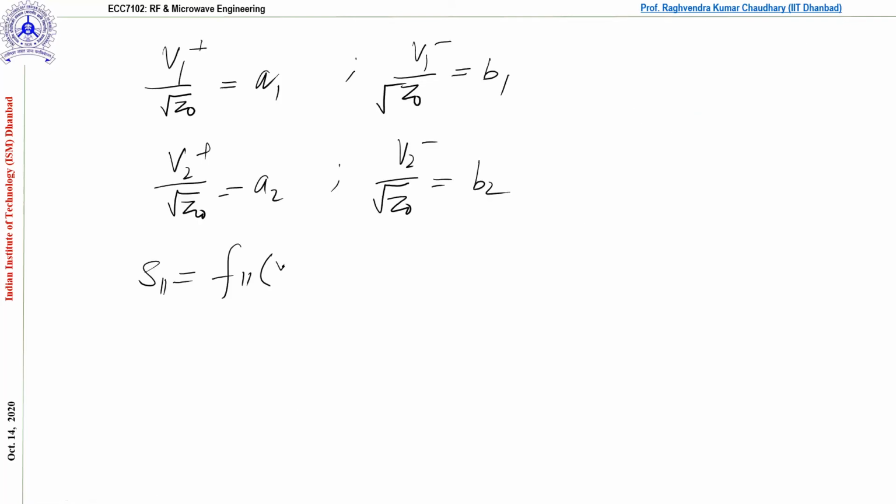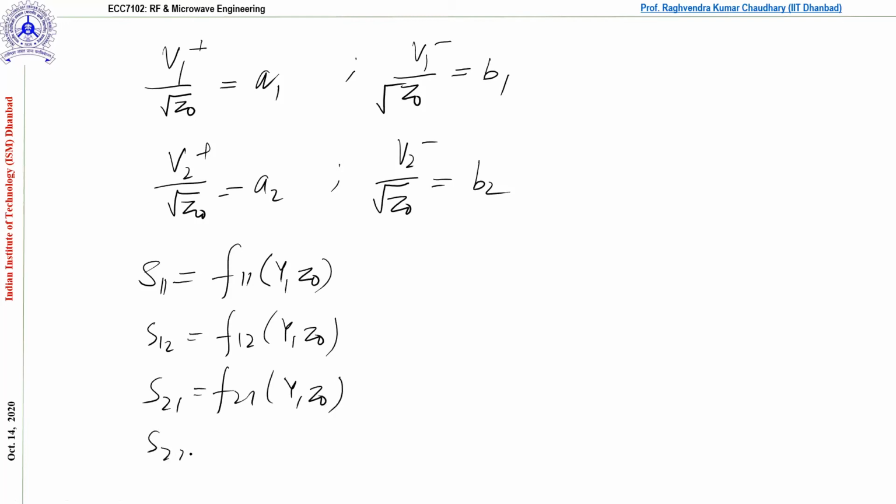a function of y comma z0. S12 is F12 of y comma z0, S21 is F21 of y comma z0, S22 is F22 of y comma z0. Fine.